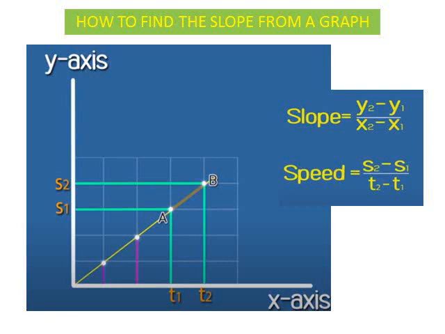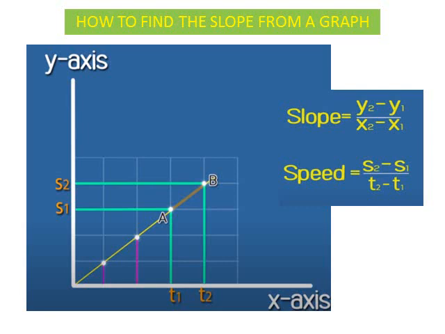How to find the slope? If we find the slope, then the value of the slope will give you the speed of the body which is traveling here. So we are seeing a body which travels with a constant velocity. Now the graph will be like this. It is a slanting line.